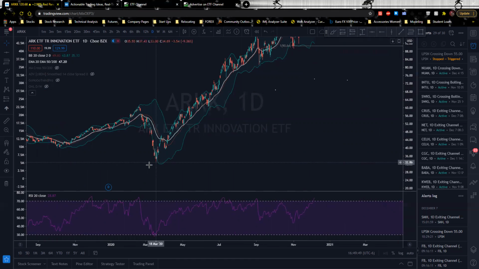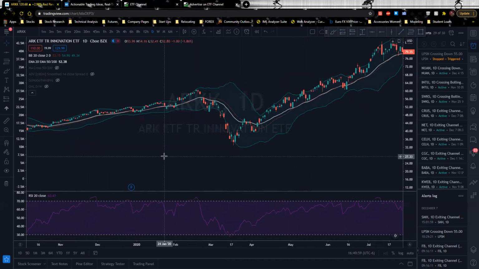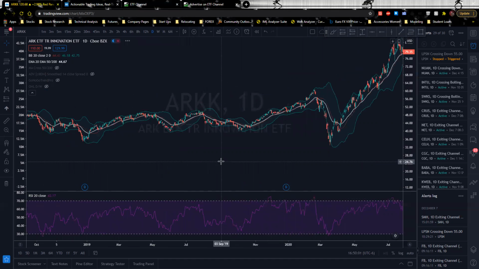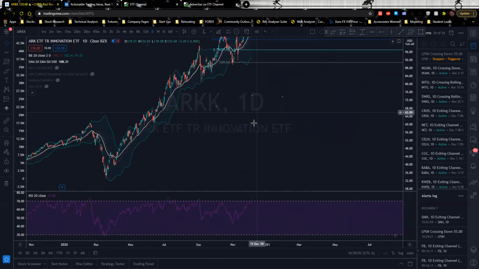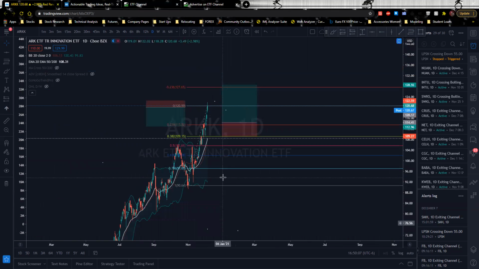Oh, it just comes out the buy here. Yeah, well, I guess you could count this one here, bought right back into the body. But typically that's how you use the Fibonacci with the RSI.